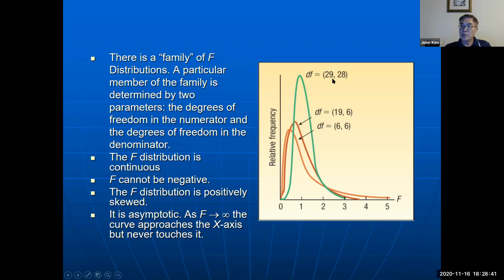Based on where the critical value is, and the F statistic on the right side, we reject or do not reject.